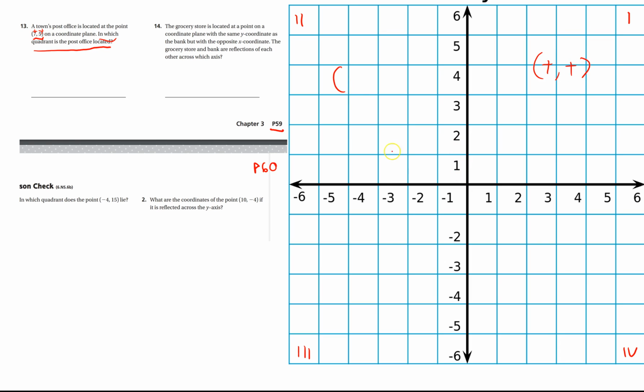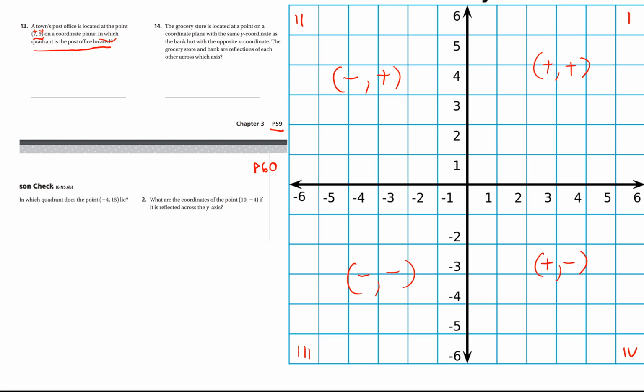Quadrant 2 is negative on the x-axis, positive on the y. Quadrant 3, negative, negative. And quadrant 4 is always going to be positive on the x and negative on the y. So since we have positive, positive, we can see quickly here that it's in quadrant 1. So go ahead and write that in for your answer. It's in, or excuse me, quadrant 1.